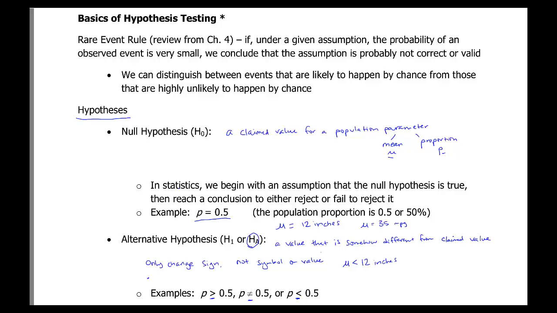Okay. So mu stays the same, the symbol, the number 12 stays the same. Same for this next one, the miles per gallon one. Say we think the miles per gallon is going to be bigger than 35, we'd use the greater than, and then the same number. So the number stays the same, the symbol stays the same, the only thing that's changing is the sign.